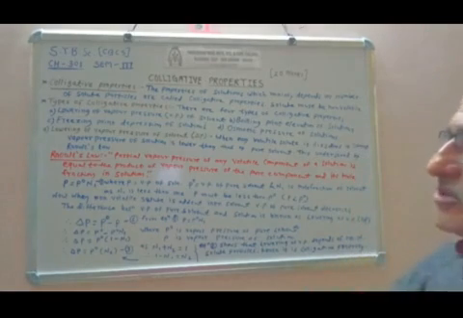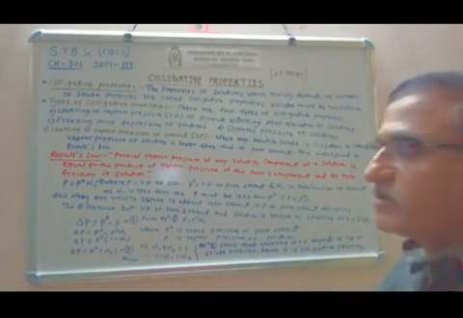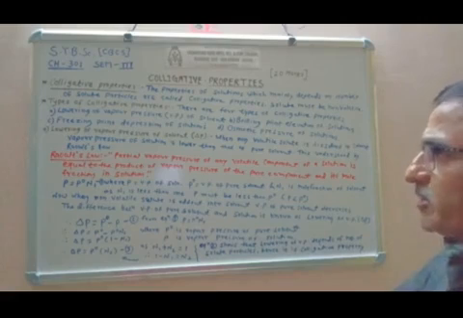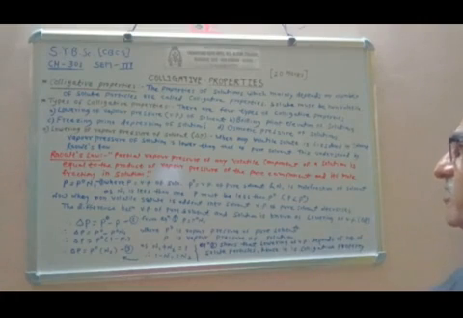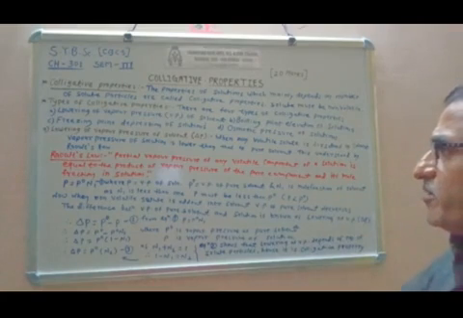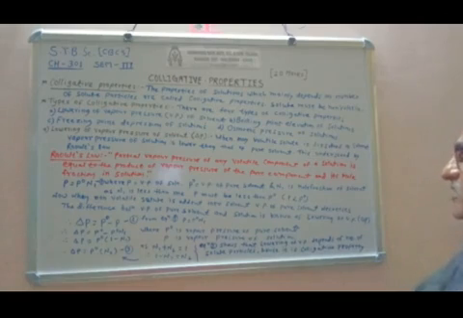The statement of Raoult's law is that the partial vapor pressure of any volatile component of a solution is equal to the product of the vapor pressure of the pure component and its mole fraction in solution.